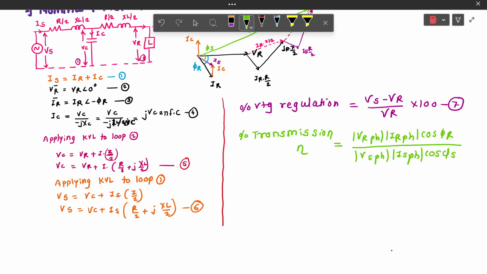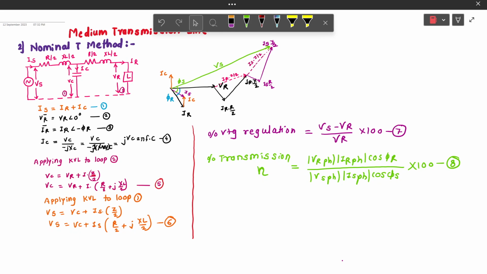It is derived as output power upon input power into 100 to determine the transmission efficiency. Hence, from these equations we can determine the performance parameters as sending end voltage, sending end current, transmission line efficiency and percentage regulation. Thank you.